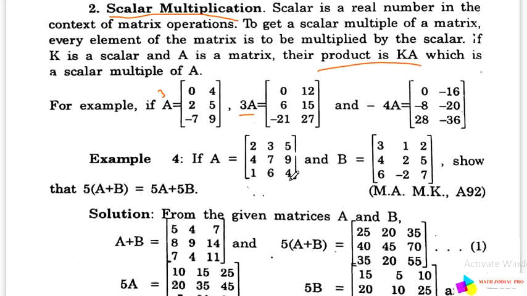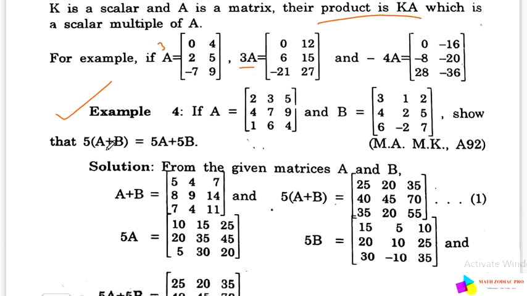Okay, and next example: if A equal to 2, 3, 5, 4, 7, 9, 1, 6, 9, and B equal to 3, 1, 2, 4, 2, 5, 6, minus 2, 7. Show that 5 into (A plus B) equal to 5A plus 5B.